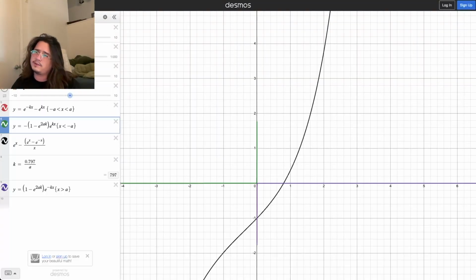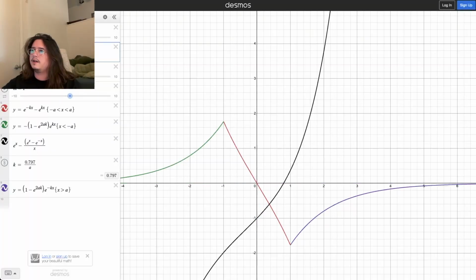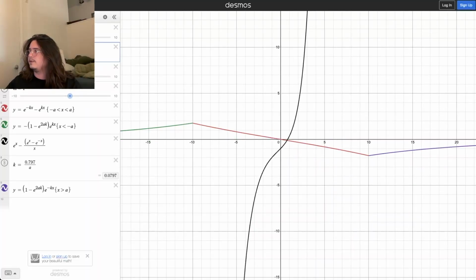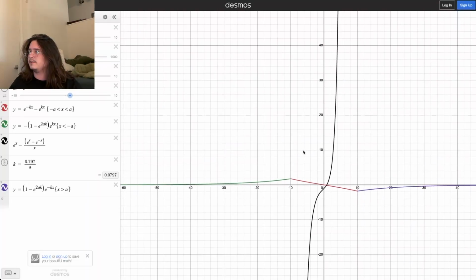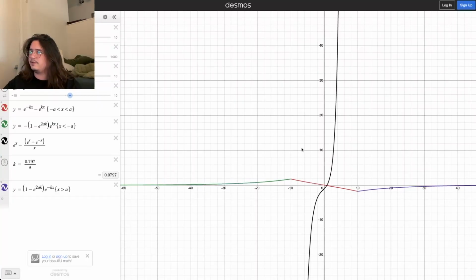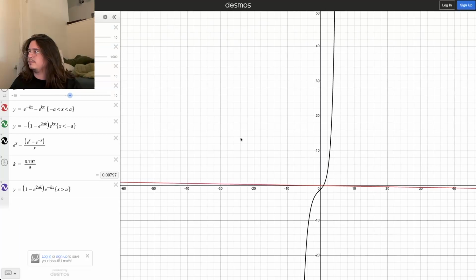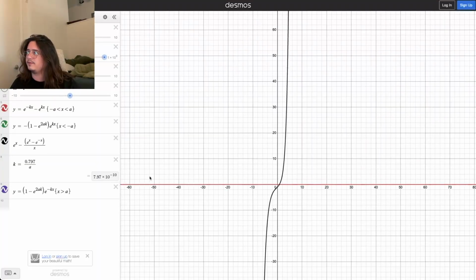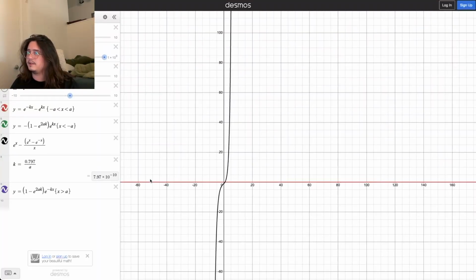If you make a really, really large, though, so let's make a just go to infinity, it very quickly becomes very unreadable, and now it's just a complete mess. So if we let a go to infinity, the wave function completely flattens out.